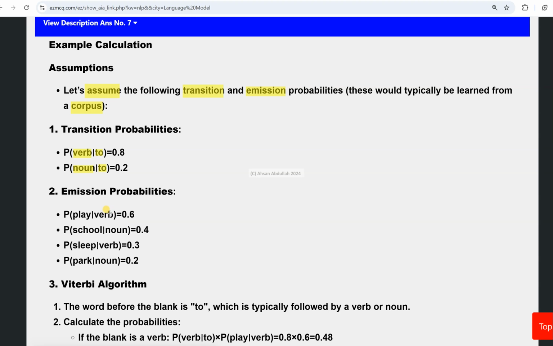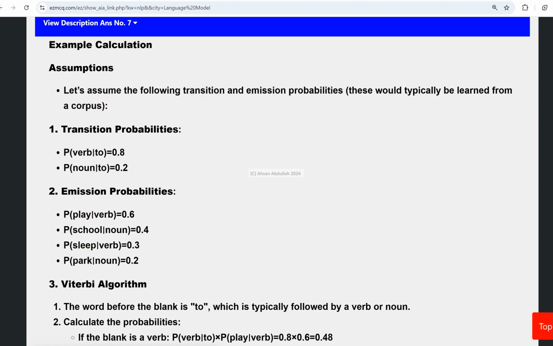Similarly, if the word is a verb, what is the probability of that verb being "play"? Play is a verb, and of course sleep is also a verb. And if the current tag is a noun, the probability that you have "park" as a noun is 0.2.